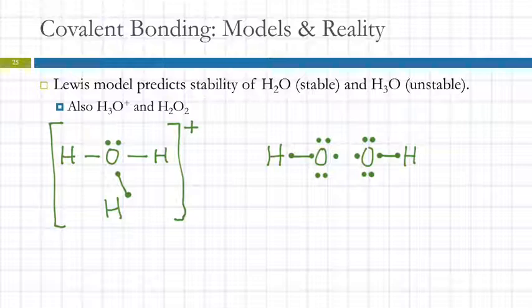And then these oxygens can share 1 with each other. And again, we see that the oxygen had 2 unpaired electrons, and it's making 2 bonds. So here's oxygen with 2, 4, 6, 8, and this oxygen 2, 4, 6, 8. Lewis theory says that's probably a stable molecule, and it is. Any questions?